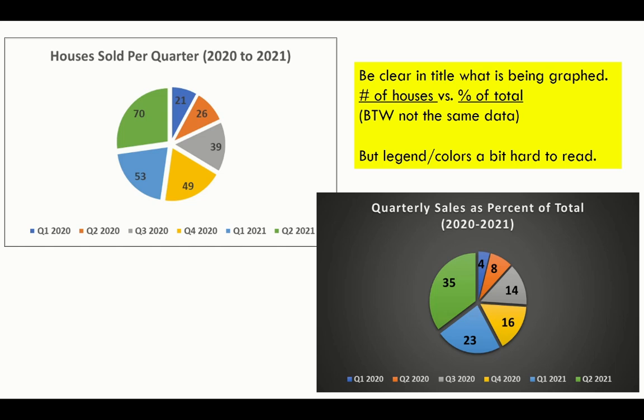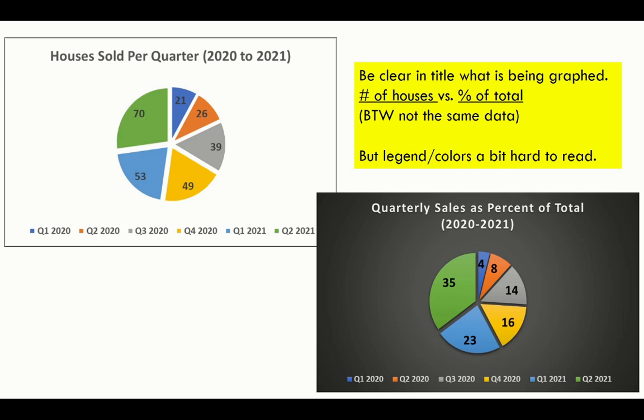But if you look at the graph on the bottom right, now we're graphing quarterly sales as a percent of total. That's not the same thing, just simple number of houses sold versus quarterly sales as a percent of total. So quarter 1, what percentage of the entire time period does that represent? So you want to make sure that you are very clear in your identification through your title.